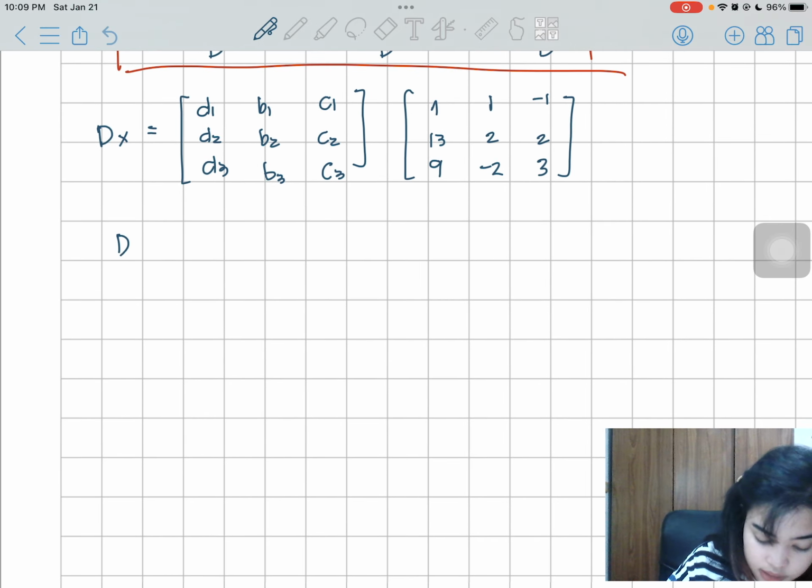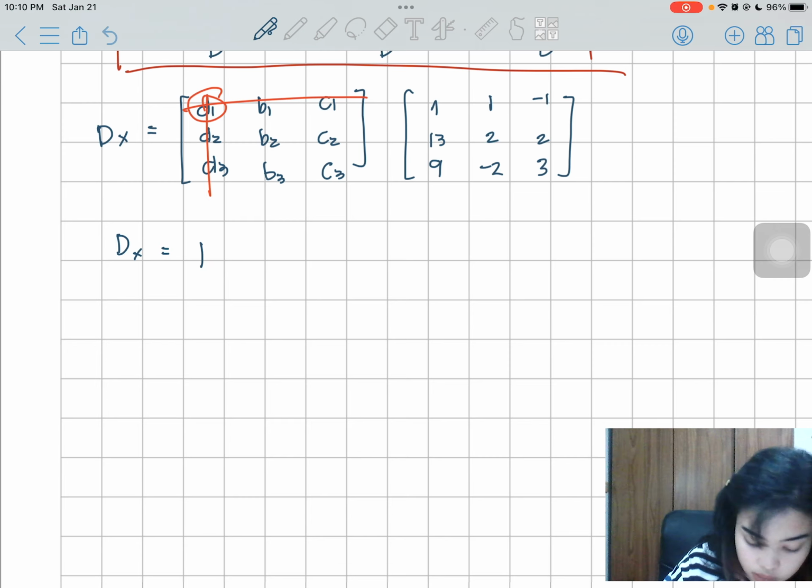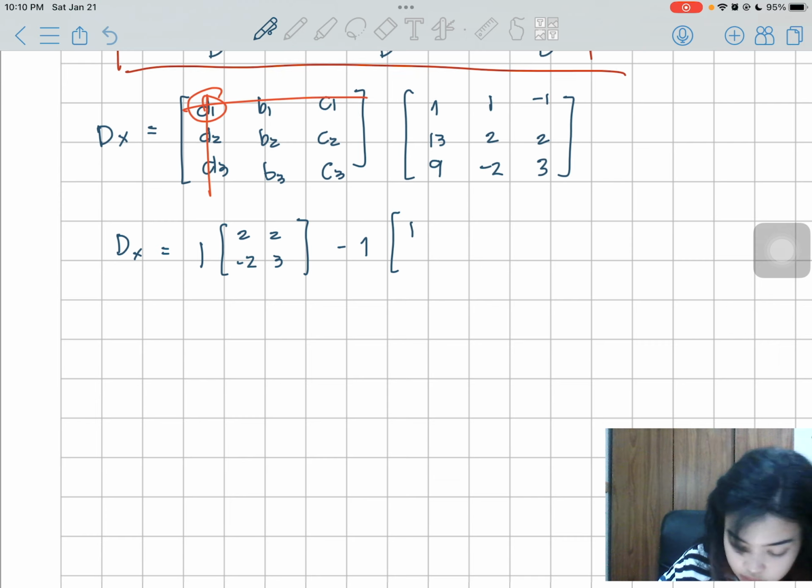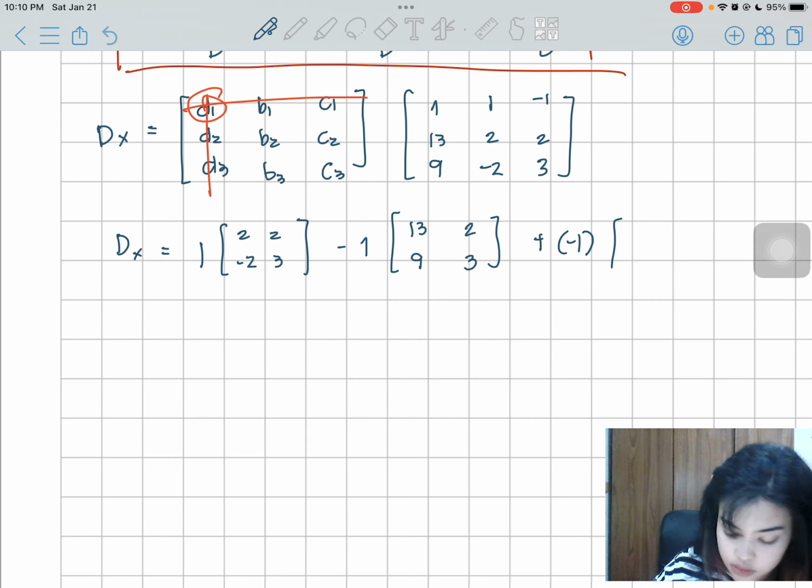Then Dx is equal to 1 times 2, negative 2, 2, 3, minus 1 times 13, 9, 2, 3, plus negative 1 times 13, 9, 2, and negative 2.